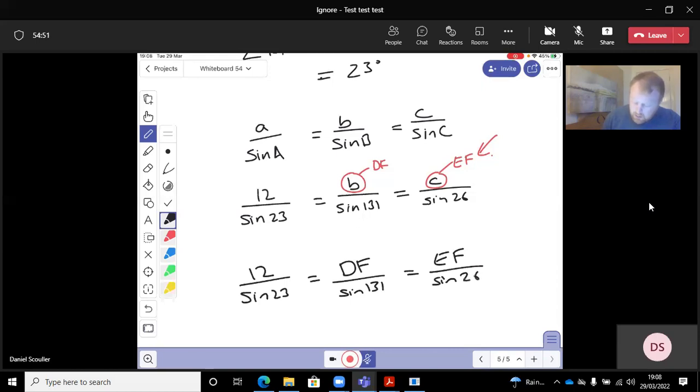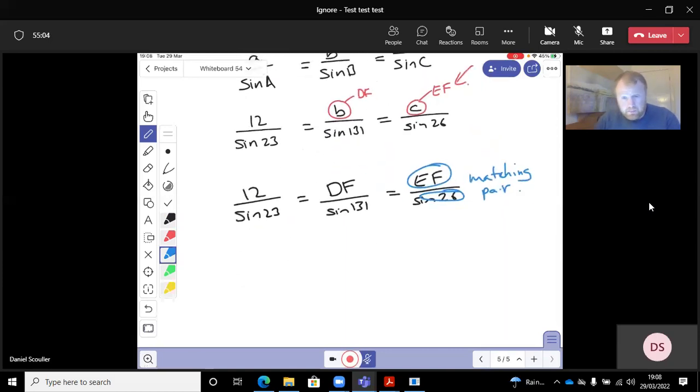That side and that angle is a matching pair. Now we only need to use one of them. If we were wanting to find DF, we would use those two.